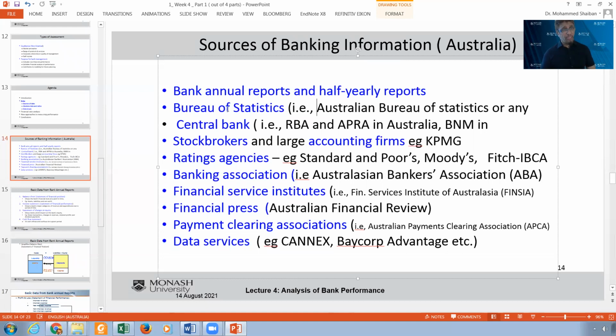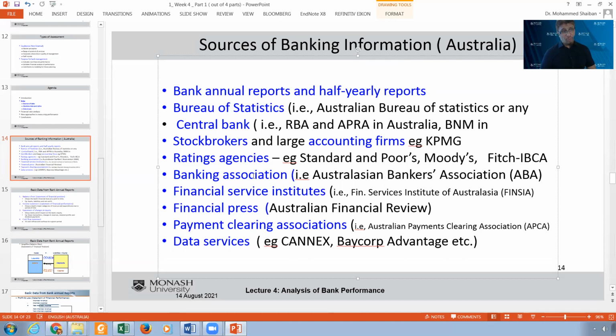Now the Bureau of Statistics is different. We have one in Australia, but we also have one in Malaysia and in some other countries. They provide you with this. This department is only for statistics. Of course, we have the central bank. Stockbrokers provide information. Rating agencies are very important. Banking associations also keep information about banks.